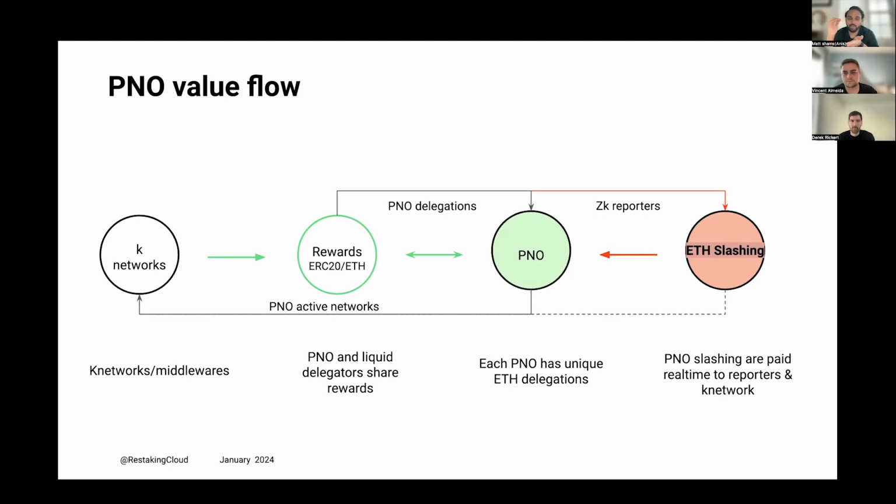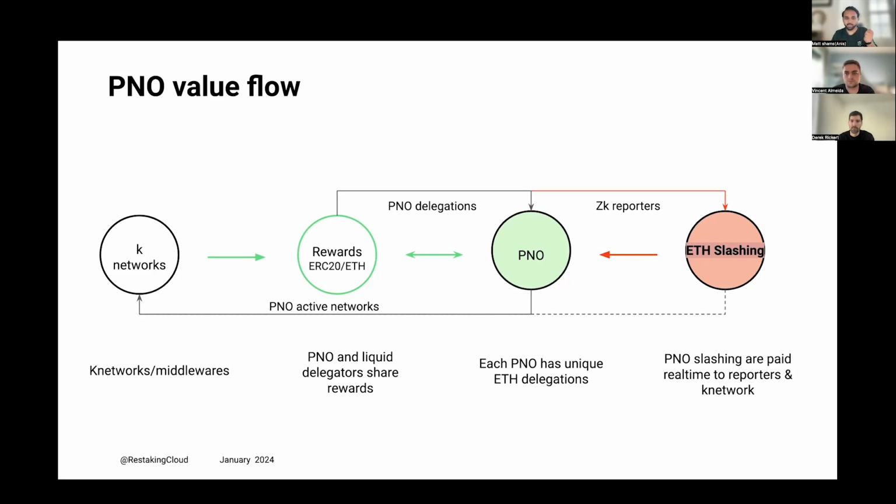And every P&O has a unique ledger of the delegations, right? That's the mapping. At a high level, the K networks are hiring a node runner, but the node runner is also protected with ETH delegations. That protection actually gives the slashing capability.